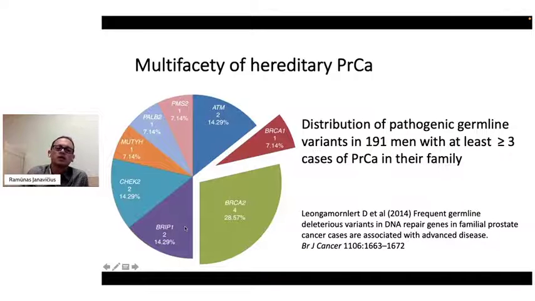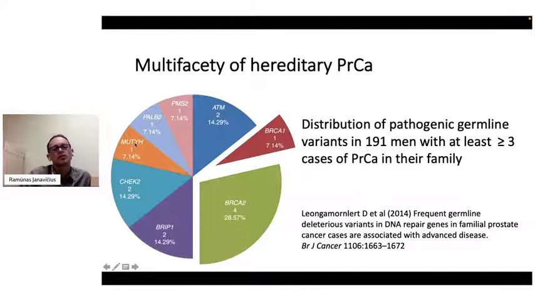Also, there were some other moderate breast or ovarian cancer genes, such as BRIP1, ATM, PALB2, and also CHEK2, which is involved in a twofold cancer risk increase in female breast cancer as well as colorectal cancer.